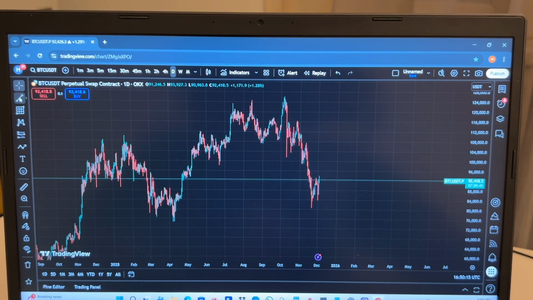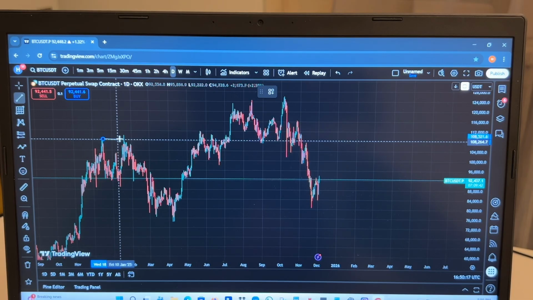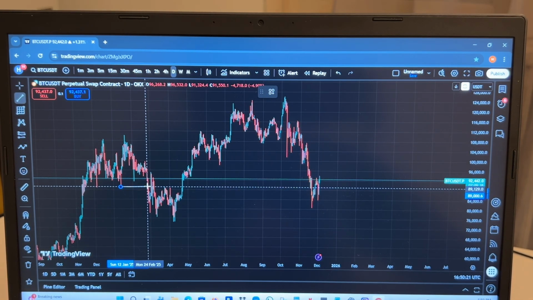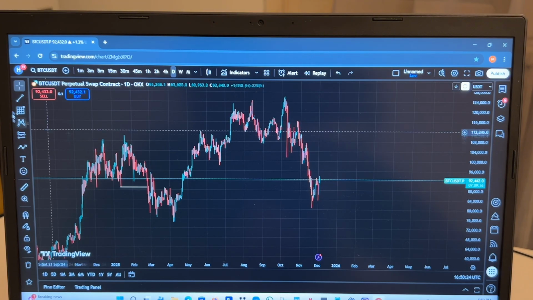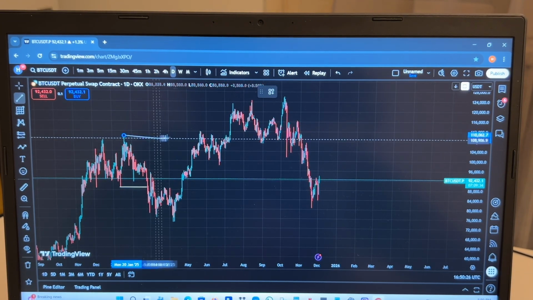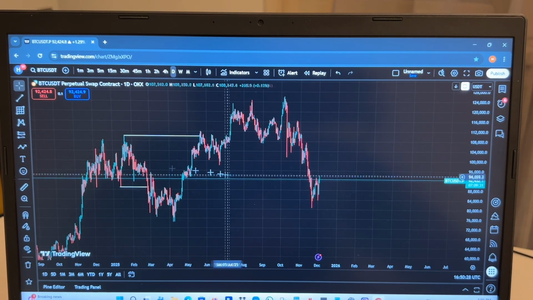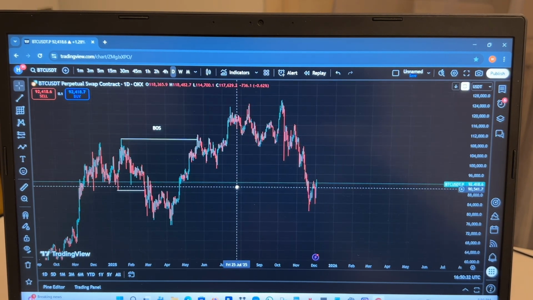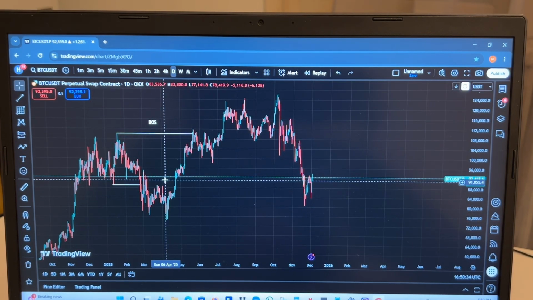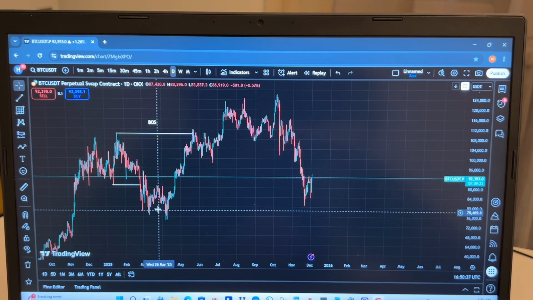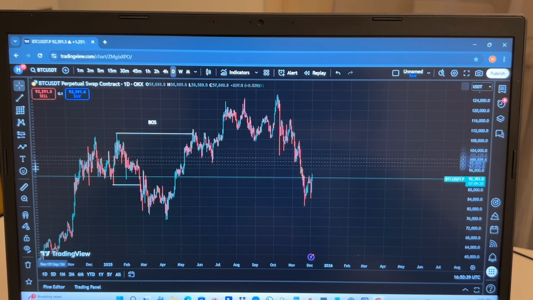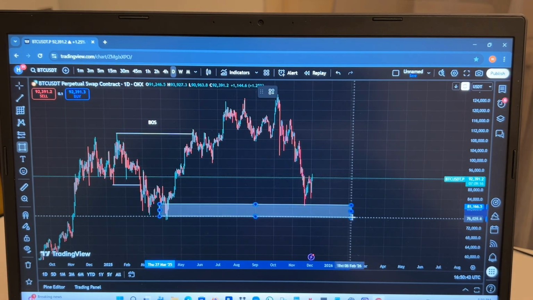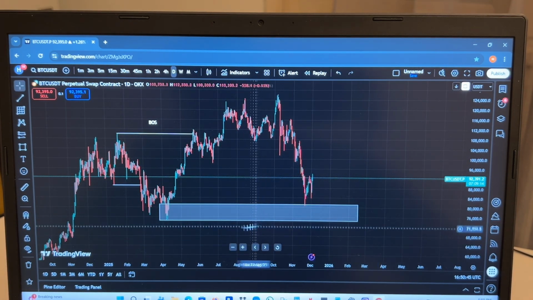But sometime before, it broke this low, and this is a BOS. We mark that BOS right over here. And we can clearly see that it has given us an order block somewhere over here. There you go.